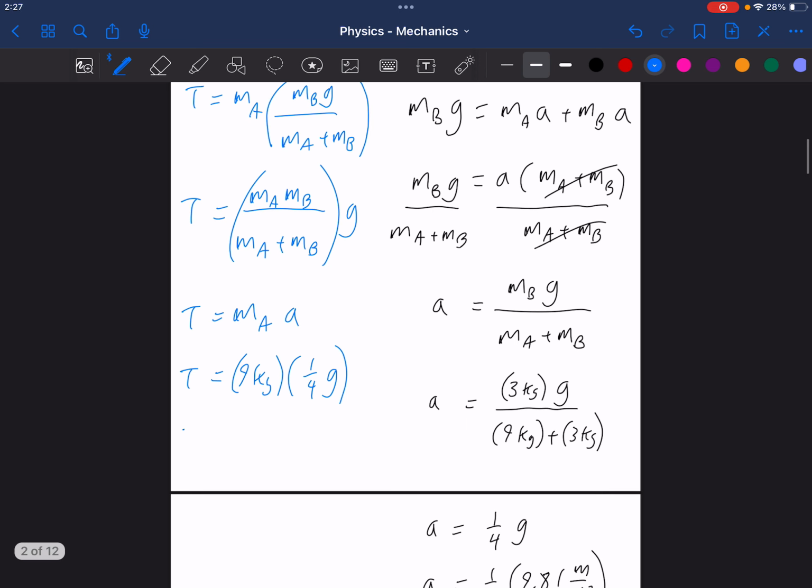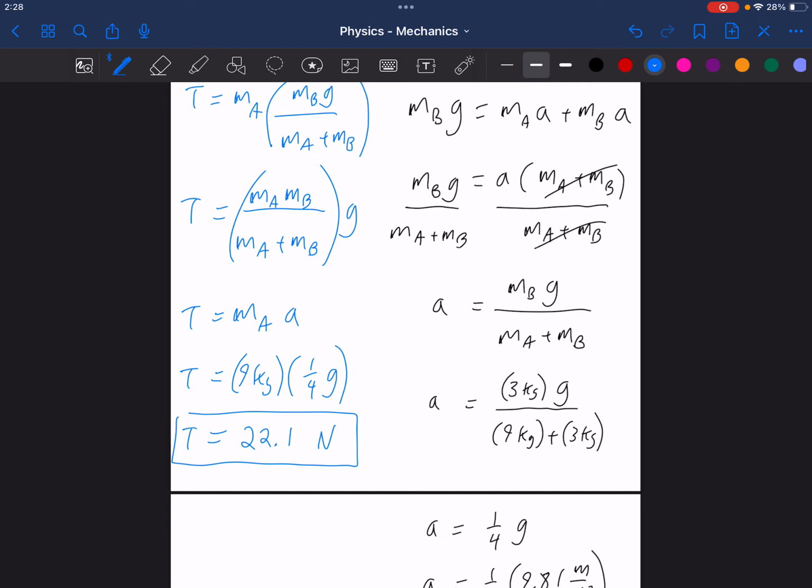And so when I plug in, I get the tension is equal to 22.0725 newtons, or 22.1 newtons when I round to proper sig figs. Right? Check my units. I know a newton is a kilogram meter per second squared. I have a kilogram times the unit of g, which is a meter per second squared. So indeed I get units of newtons, so that must be my tension. So I have my final answer.